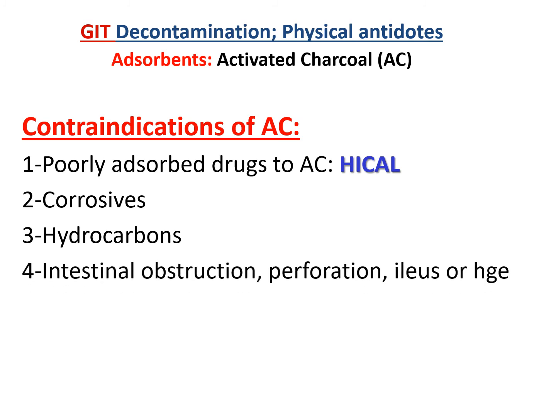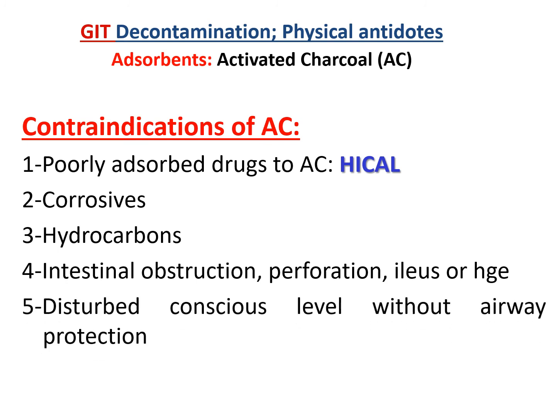Because the charcoal toxin complex passes through the intestinal tract outside the body through the anus, the whole intestinal tract should be healthy. If there is any problem, I will not be able to use activated charcoal. These problems may be intestinal obstruction, perforation, hemorrhage, or paralytic ileus.